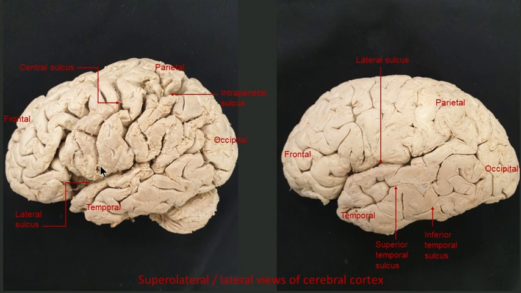Right. Now let's jump over to the temporal lobe, which is lying underneath the lateral sulcus. The temporal lobe is characterized by two sulci. There are two sulci over here which split it up into three gyri.